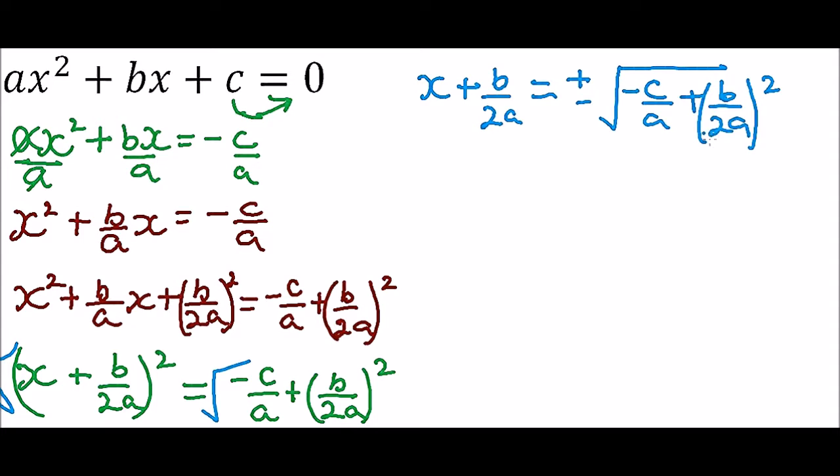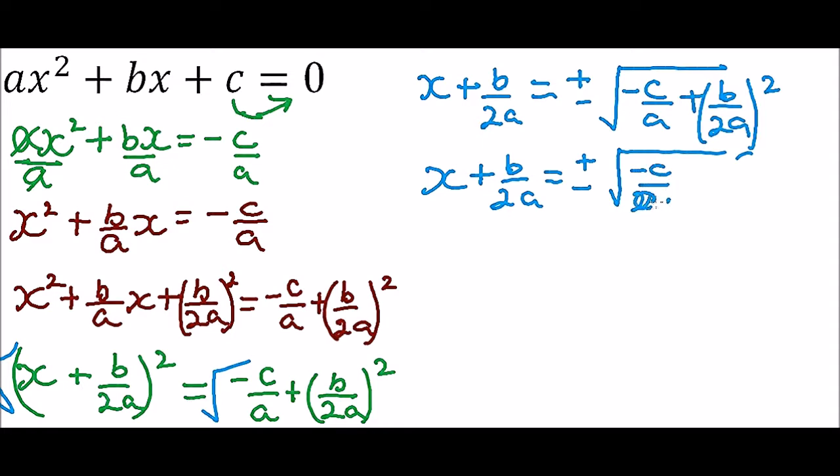Now when we square the right hand side, we have x plus b over 2a equals plus or minus the square root of minus c over a plus b squared over 4a squared. We can get the LCM here.